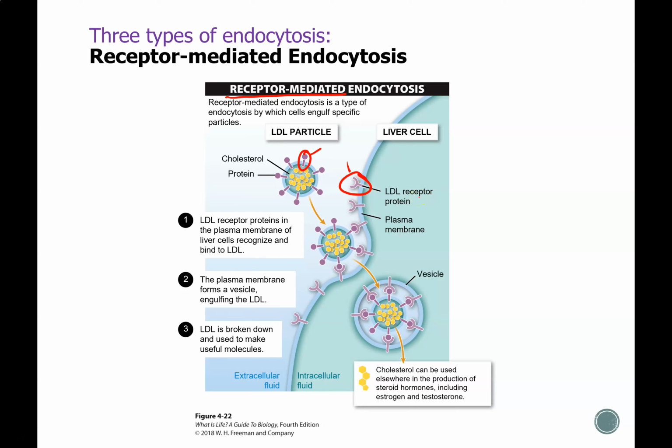So this example is actually LDL, which is one of the types of cholesterol found in our body. And our cells need this. Our cells in the liver recognize this and actually have specific receptors to bring in the LDL cholesterol.